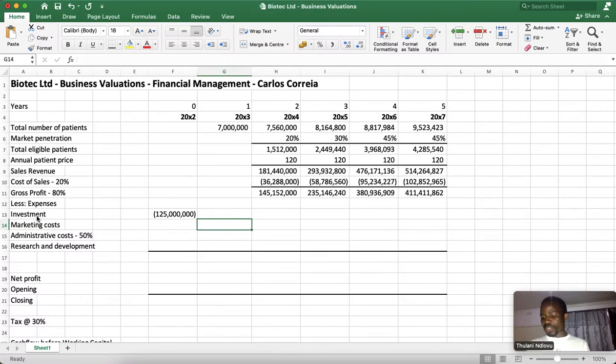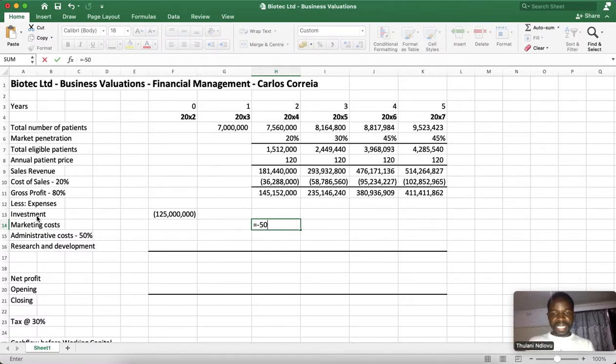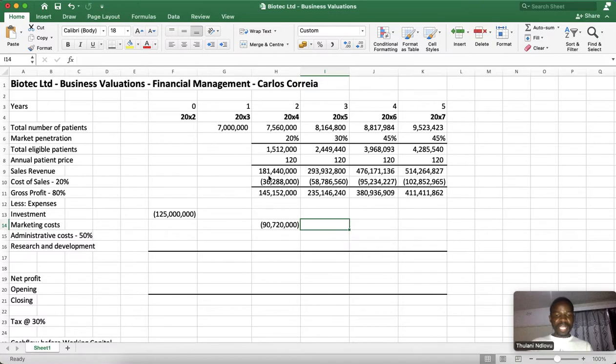However, in 20x4, to gain market acceptance, the marketing costs will be 50% of sales revenue. Then onwards, it will be 15% of sales revenue.